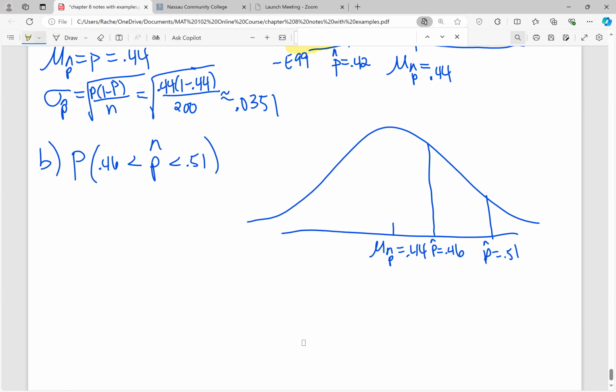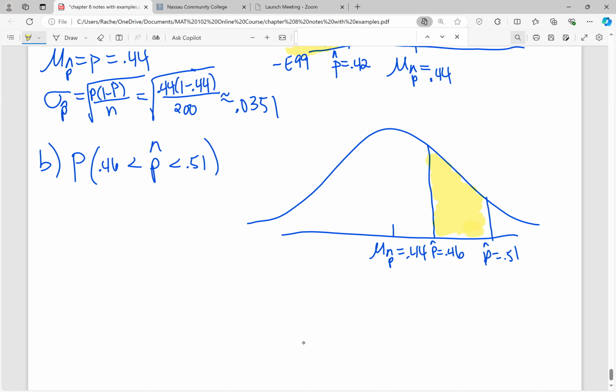We want to shade the area between. So that's the area under the normal curve that we're looking for. Now my lower bound is going to be 0.46 and my upper bound on the shaded region is going to be 0.51. So let's go to the calculator.